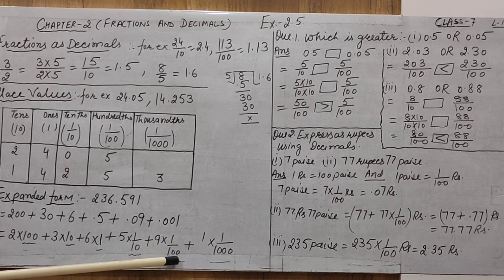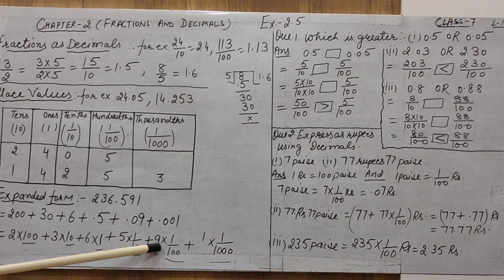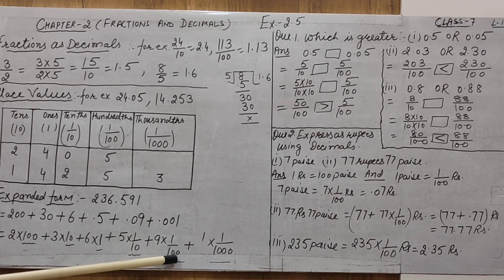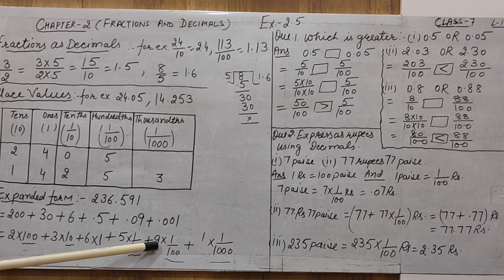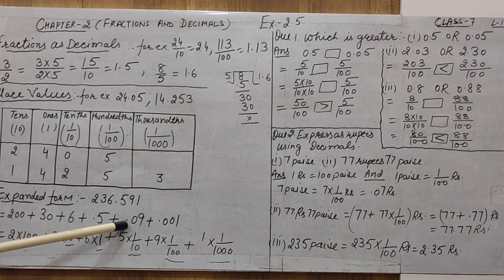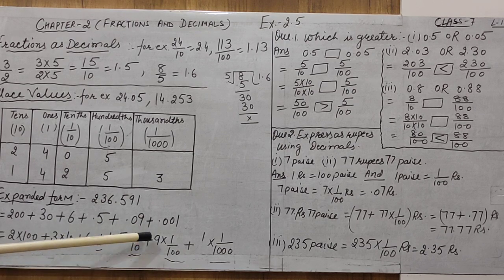How many zeros are there? 2 zeros. So for 2 zeros, we have to write 2 digits after the decimal, and the second digit is 9.